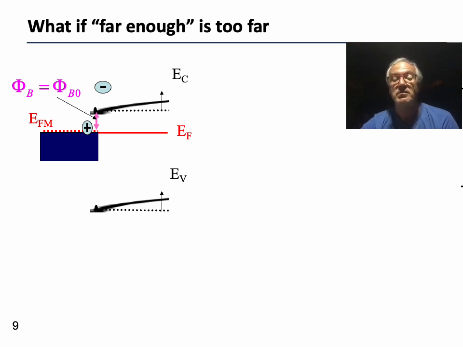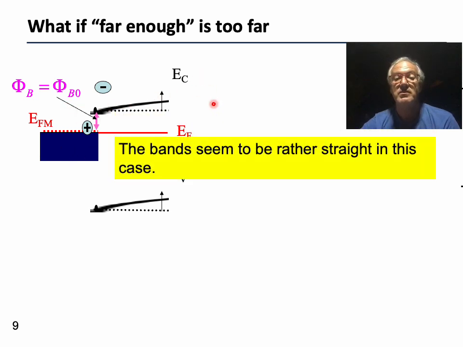If a device is short, we often will have a situation where the bands seem to be straight. And this is one of the effects when the devices are short, but more importantly would be the effect that we'll have to consider the boundary condition at the other side.